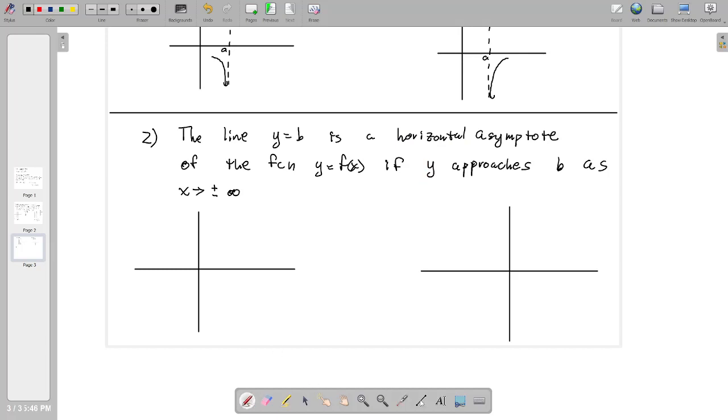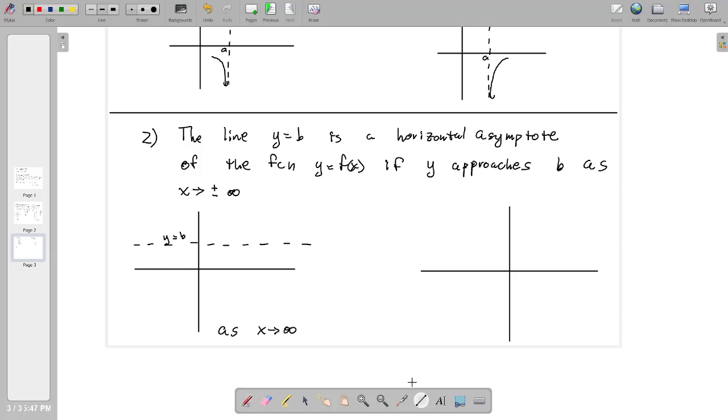So let me draw out a line y equals b. And again, not a part of the graph. It's a guideline for your graph. As x approaches infinity, let's say.